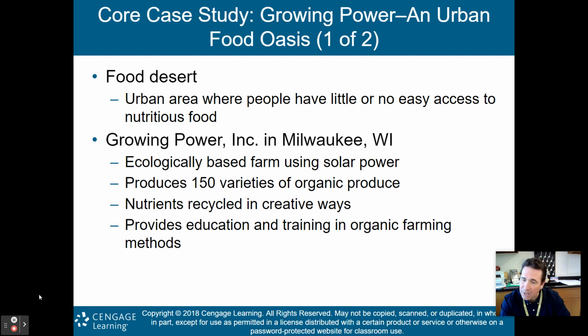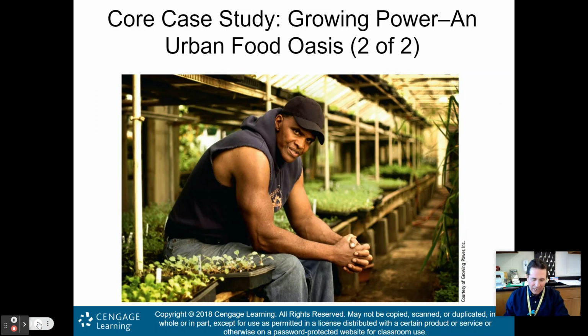There is a company founded by a guy named Will Allen called Growing Power Inc. in Milwaukee, Wisconsin, which had an ecologically based farm in an urban area that uses solar power. It produces 150 varieties of organic produce. He recycles nutrients in creative ways, and he provides education and training in organic farming methods. So again, this is Will Allen, founder of Growing Power, an urban farm in Milwaukee.